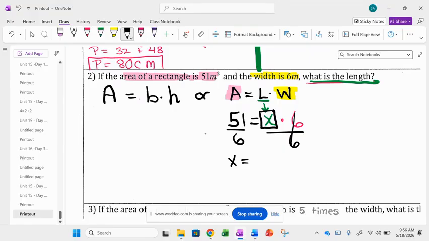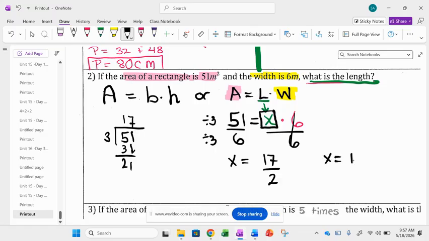So what I would do is I would just simplify. I would divide top and bottom by 3. And so I'm going to get 2 and then 51. 3 goes into 51, 17 times. So I would get x is equal to 17 over 2 meters. And that is what the length is.